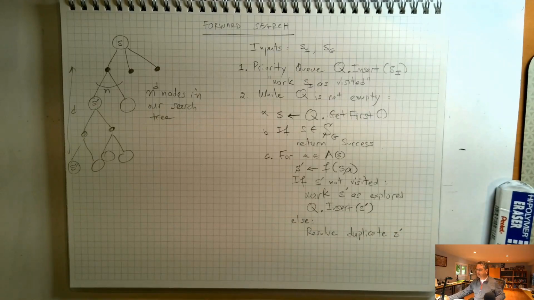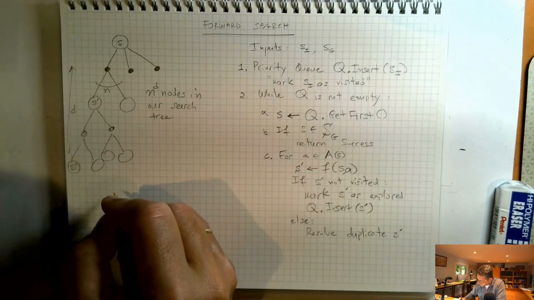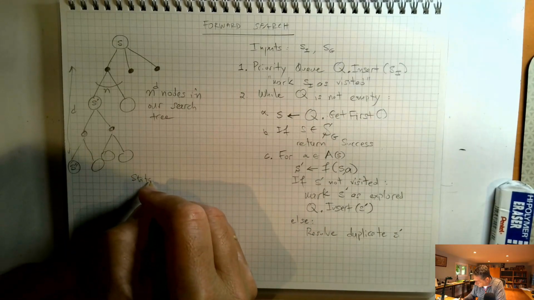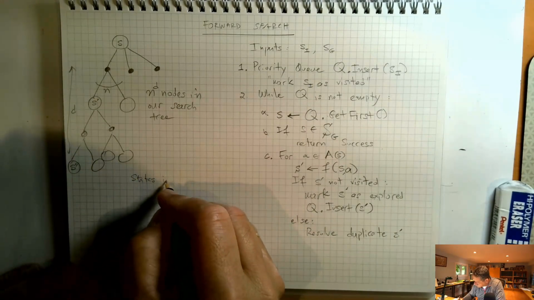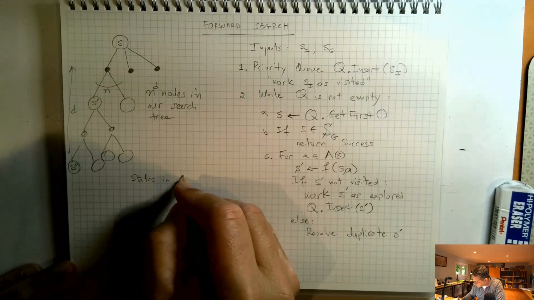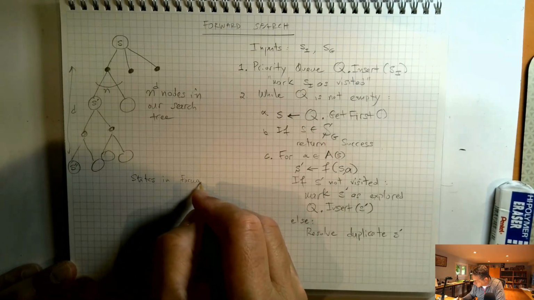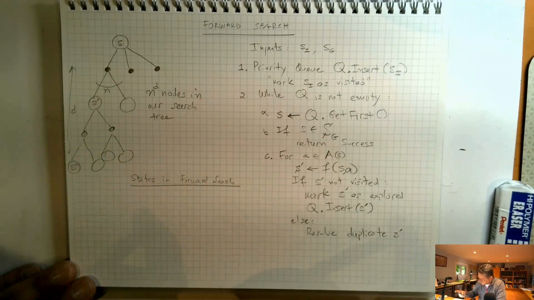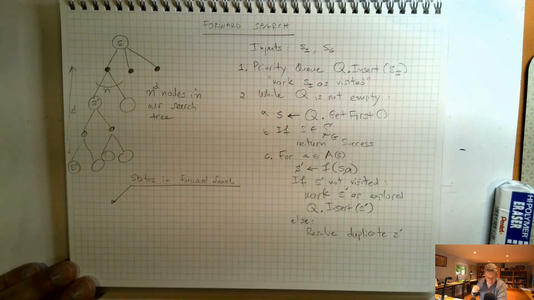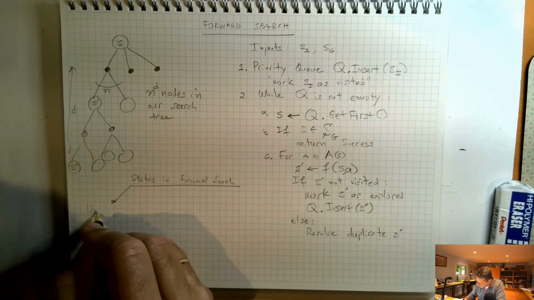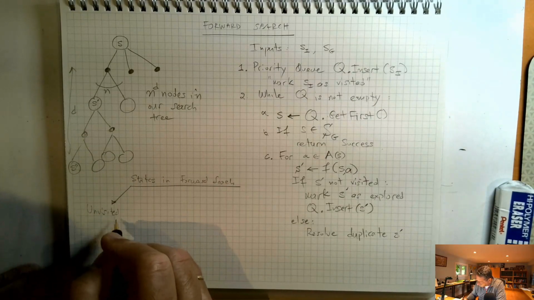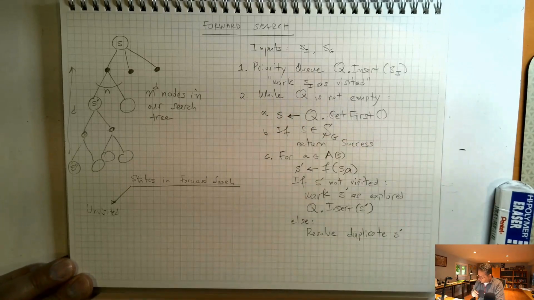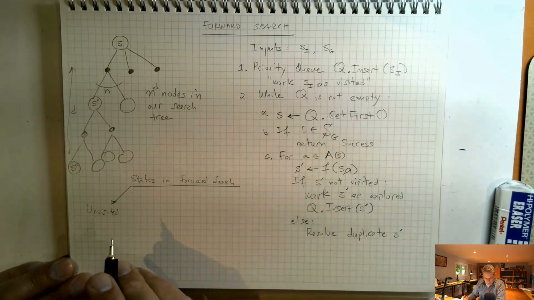So we have in general three types of states in the so-called forward search. The first one is the so-called unvisited states. The unvisited states are such as the starting state that we just started.